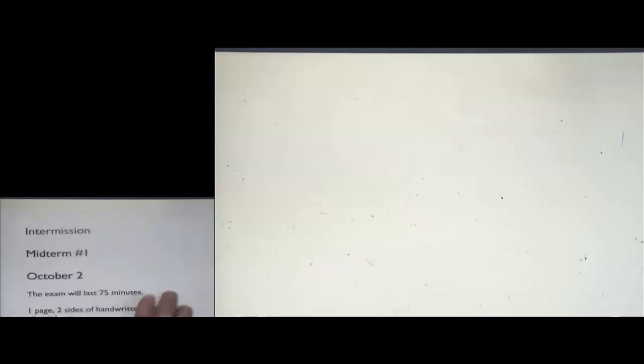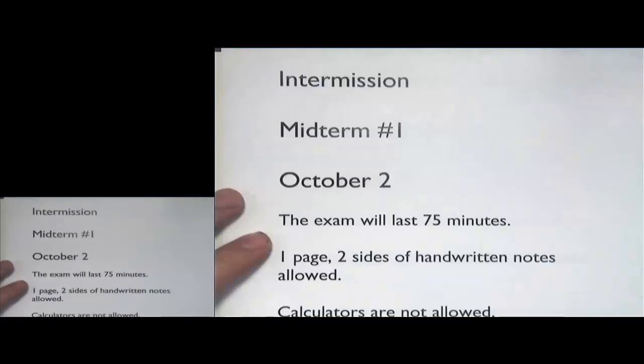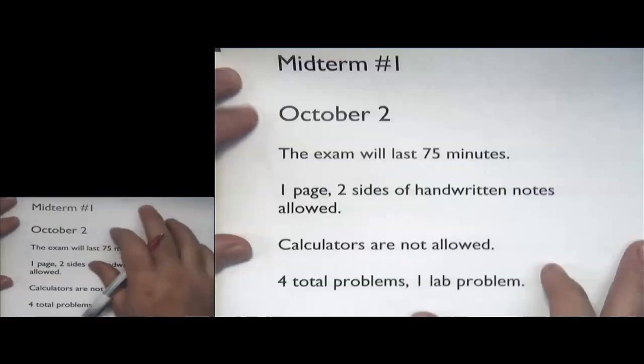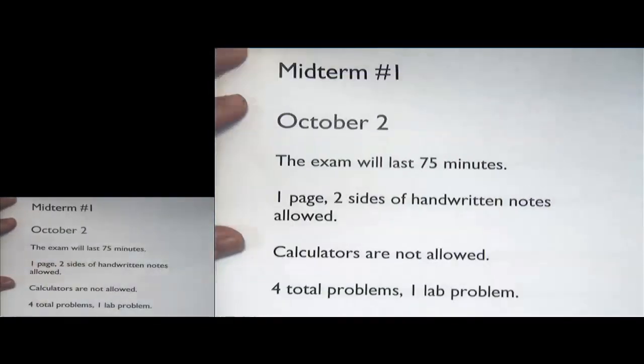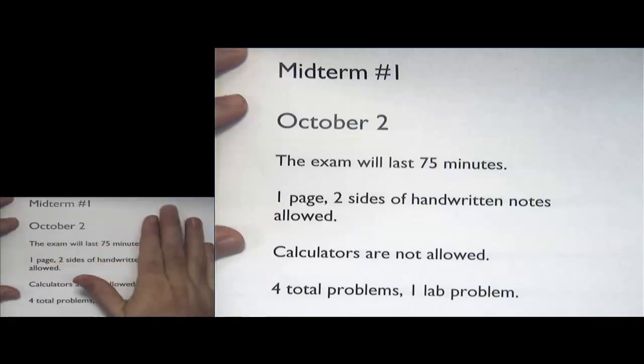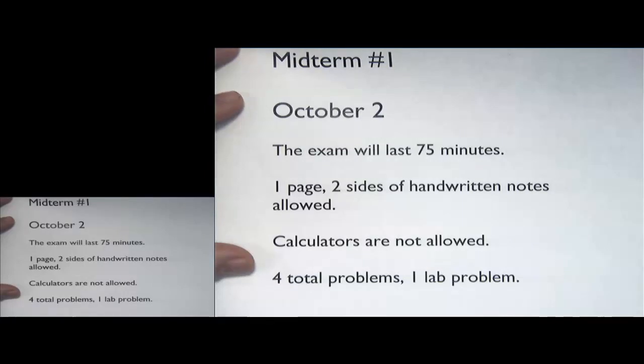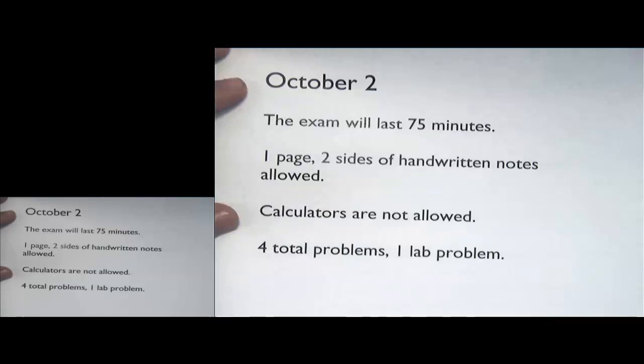Intermission here. I am sorry to discuss something that is not as fun as normal, but I did think it was fair to remind you that midterm number 1 is coming up. It is October 2nd. The exam will last 75 minutes. It will be in this classroom. You will be allowed 1 page, 2 sides of handwritten notes.